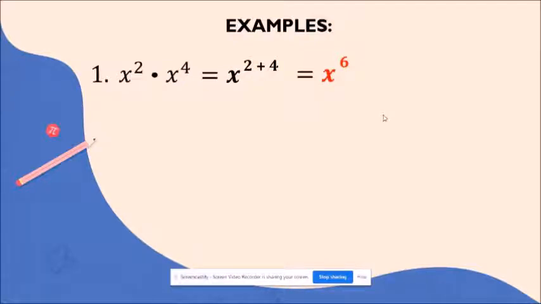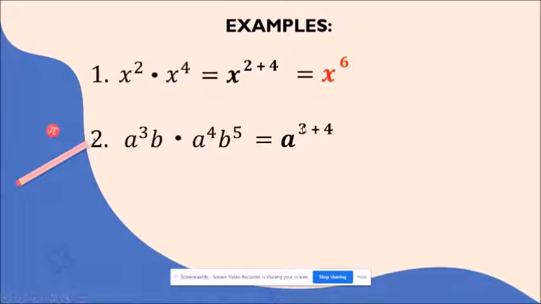Now let's take a look at our second example just to compare it with the first example. Here in the second example, class, we have two variables. I can see variables a and b here. Now, how do we solve this kind of problem? Let's attack them one by one, okay? I want you all to focus on the variable a first and then add the exponents, that's 3 and 4.